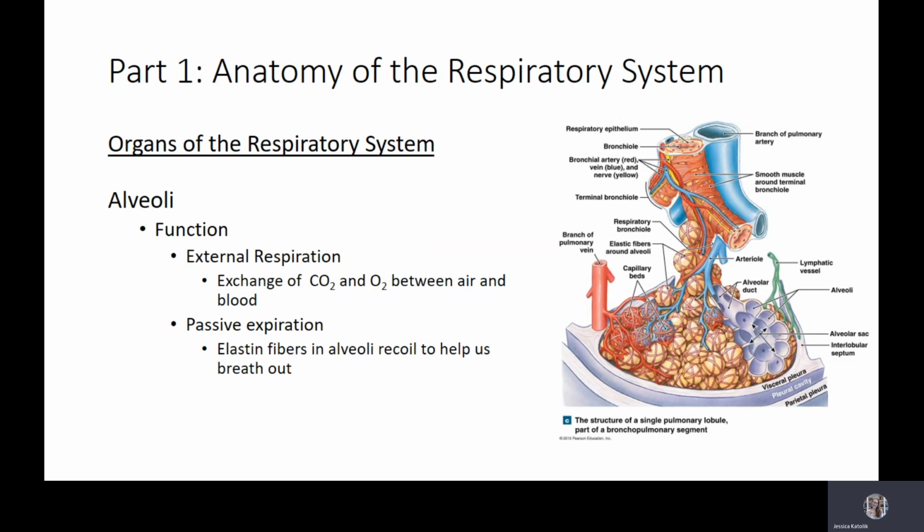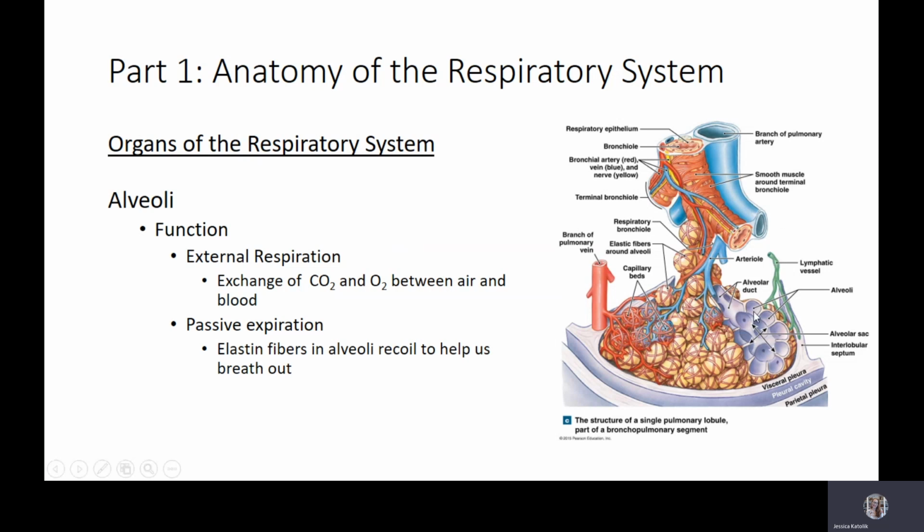Now we have the alveoli. So alveoli are going to be grape-like sacs that are going to be used for gas exchange, specifically for external respiration, when there is going to be an exchange of carbon dioxide and oxygen between the air and the blood, or between the alveoli and the blood.